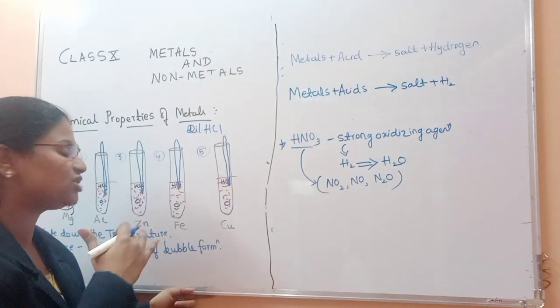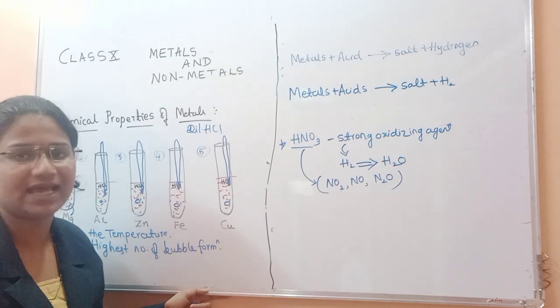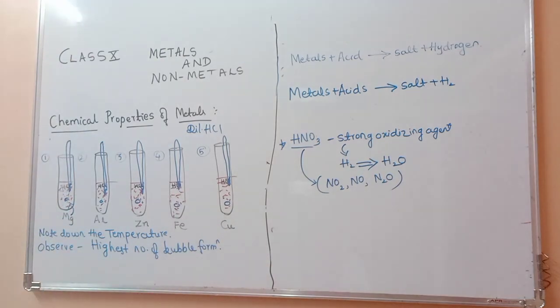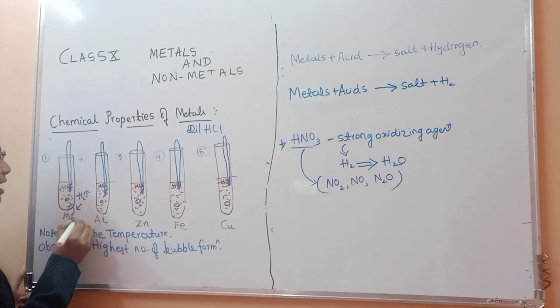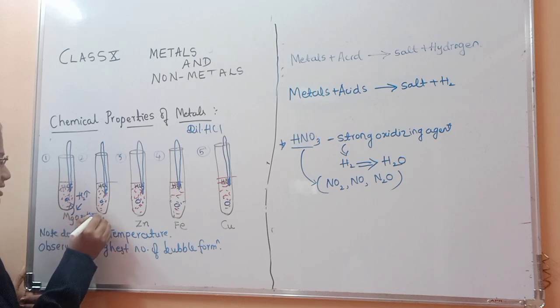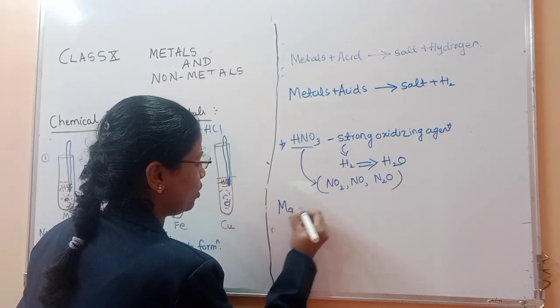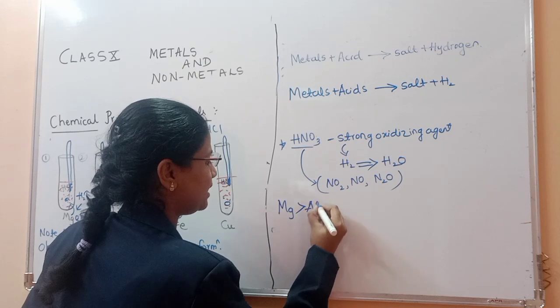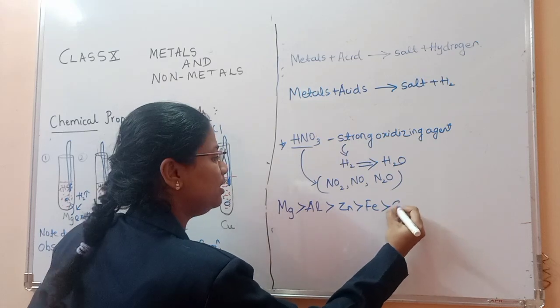Some of the metals react very vigorously, and some react very little, that is, they are less reactive with acids. So we can say that the rate of formation of hydrogen bubbles was more in the case of magnesium, and it is exothermic, that is, the release of heat was more in magnesium. In decreasing order, magnesium is greater than aluminium, greater than zinc, greater than iron, greater than copper.